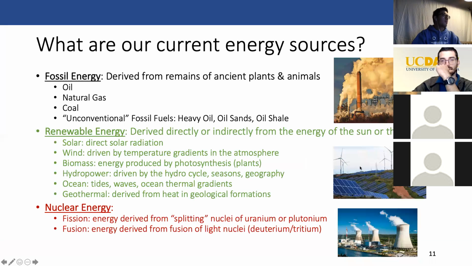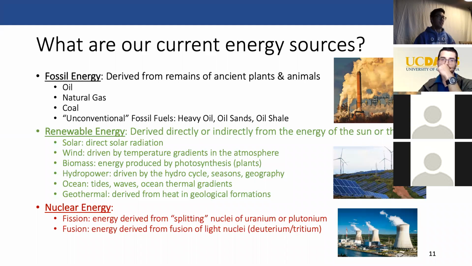Okay. So what are our current energy sources? We break this down into three major categories. This isn't totally comprehensive, but this will be most of the energy that is being used by humans today. So we use a lot of fossil energy.